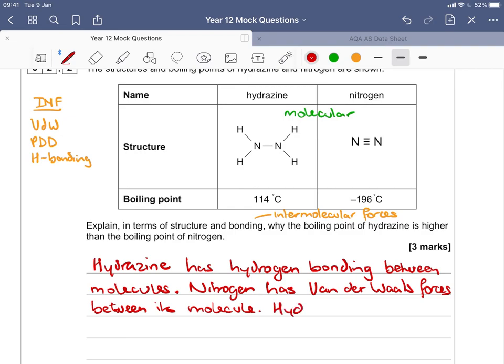Well, hydrogen bonding is stronger than van der Waals forces.